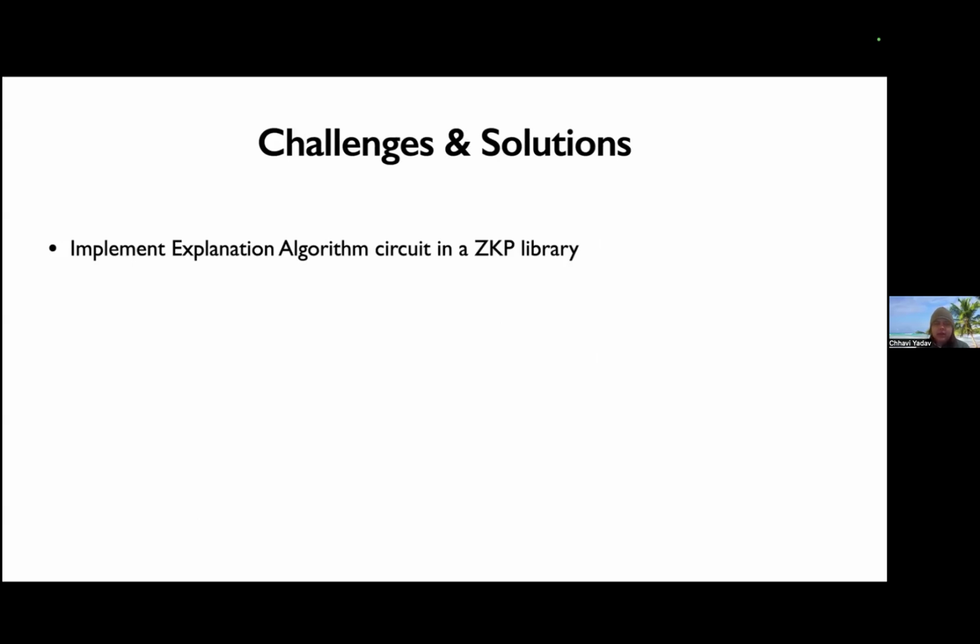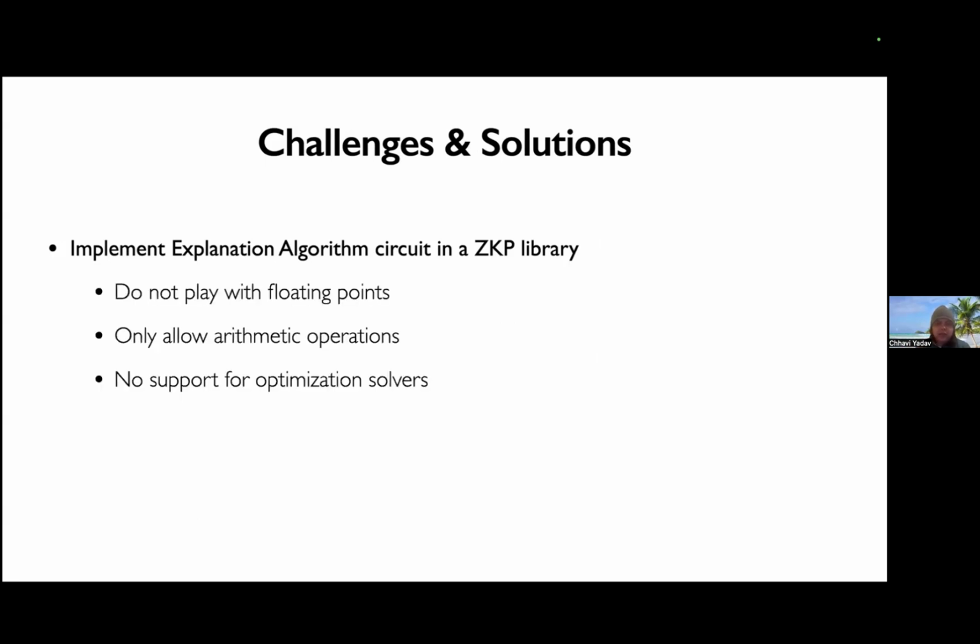All right. And what are the challenges to doing this? So the main challenge is that you have to implement your explanation algorithm as a circuit in a ZKP library. This circuit is meant to generate a proof for the explanation. But these libraries are different from ordinary Python or C++ libraries. They don't work with floating points, they only allow arithmetic operations, and they also don't have any support for optimization solvers.